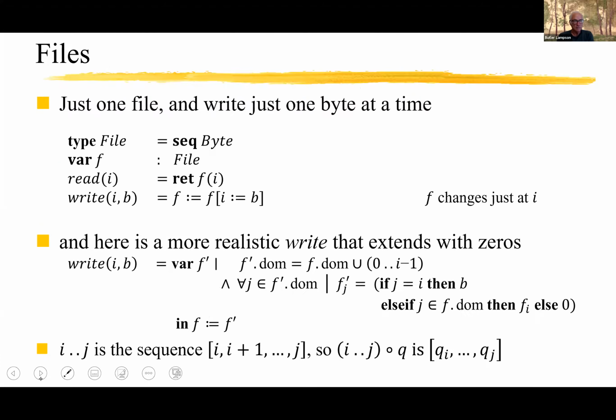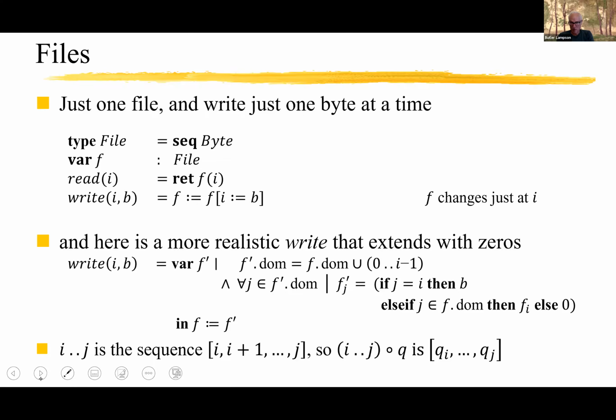Okay. So now we're ready for perhaps a more interesting example, which is files. What's the spec for a single file in a vanilla file system? Here's the simplest possible form of it in the four lines at the top. A file is just a sequence of bytes, and we have a variable f, which is a file.